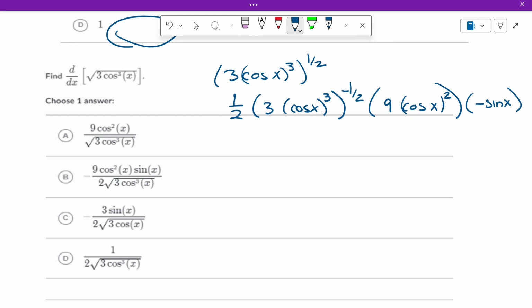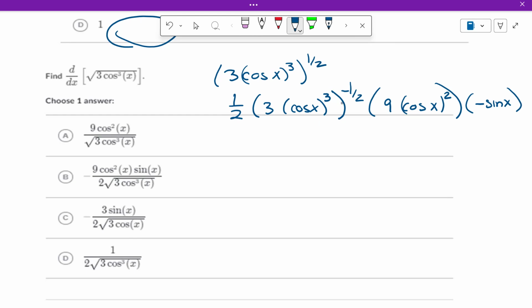Okay? So with the chain rule, if it's complicated, it's like John said, chain. Because you have a power on a trig function, you have to keep going until you take derivatives of the insides.